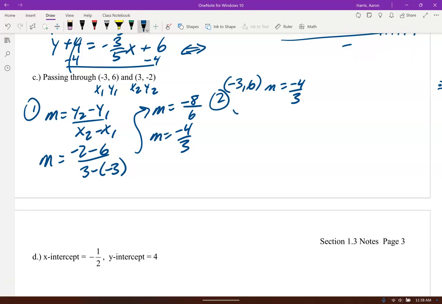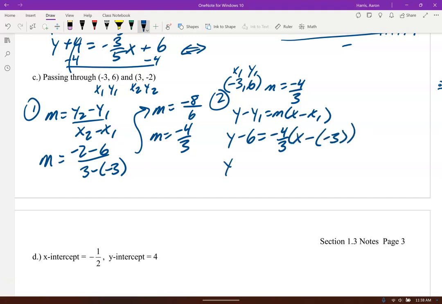Now we're going to use point slope form. Y minus y1 equals m, x minus x1. Here's my x1, y1. Y minus 6, my slope is -4/3. X minus the -3. -4/3 times a +3 is, let me write it out, times that +3, all right?